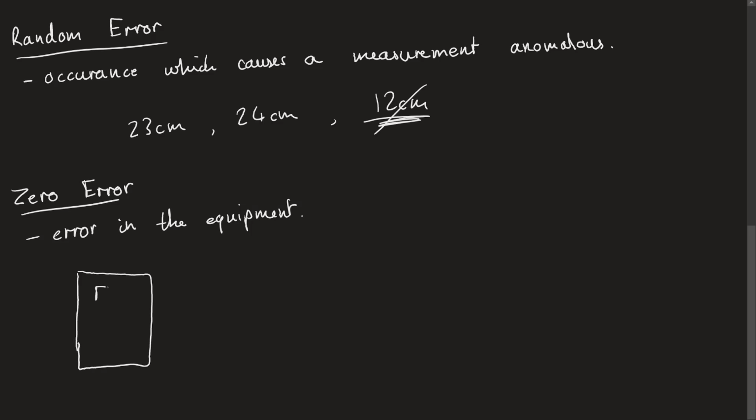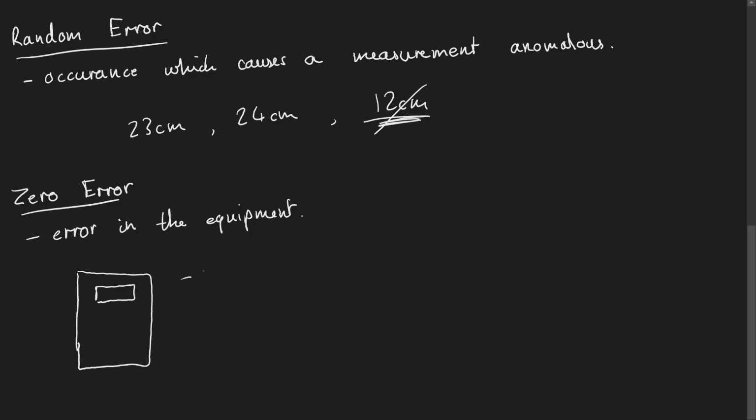Okay, and the reset button basically sets this to be 0. If you stand on the scale and then you press the reset button while you're on the scale, it makes your weight its new 0 point. Okay, if you then step off the scale, you'll get a negative value.